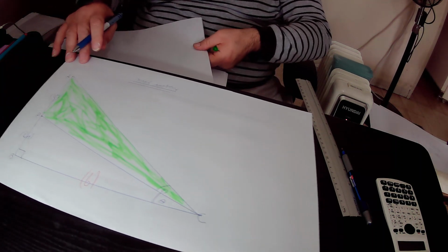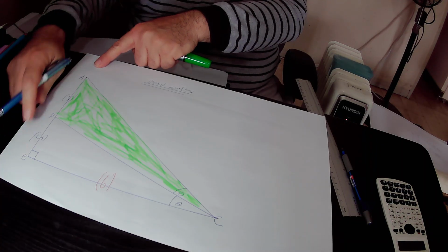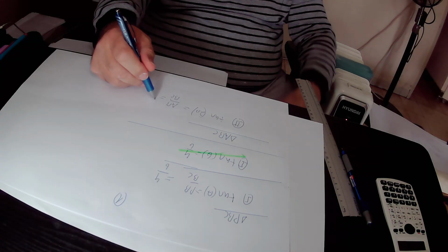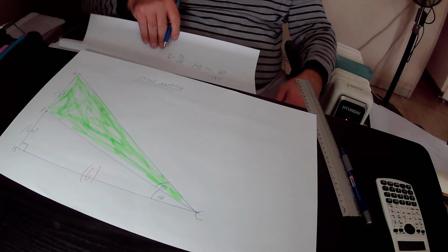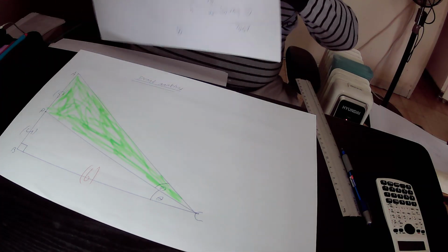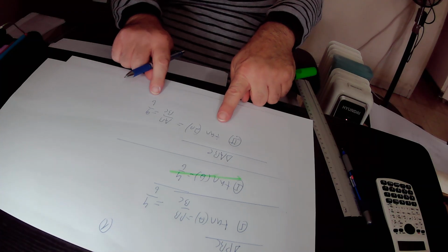AB is 5 plus 4, that is 9, over BC. BC is b according to our definition. So those two sides of the equation are equal to each other.